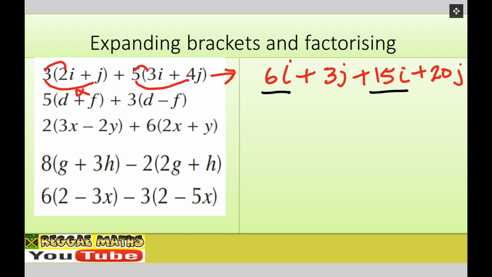That's going to give me 21i, and then 3j plus 20j is going to give me 23j. Okay.